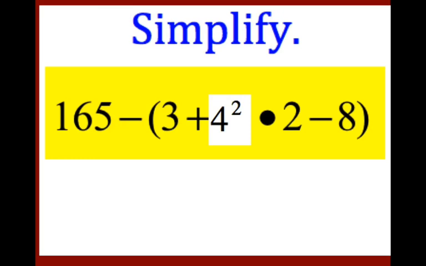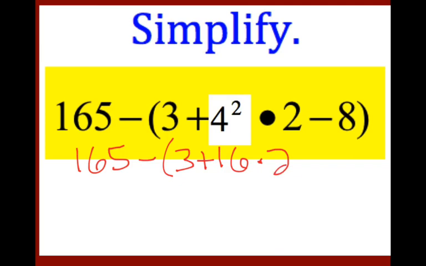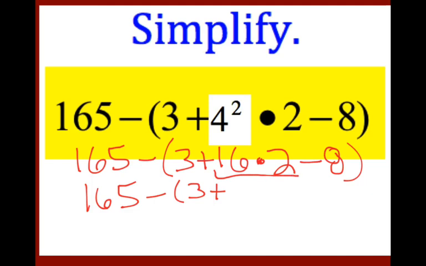Another order of operations. It's 165 minus, and we're going to do inside the parentheses, so it'll be 3 plus 4 squared is 16. That's the first step, and we're still working within the parentheses, so 3 plus 16 times 2, which is 32, minus 8.